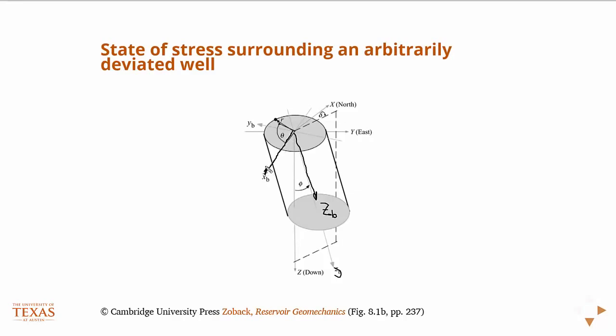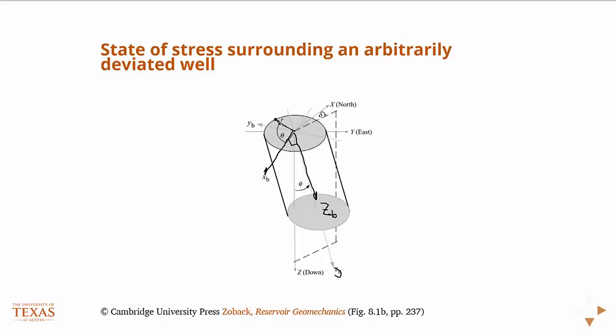XB is orthogonal to ZB and points in the direction of the bottom of the well, with the azimuth of the bottom of the well with respect to the geographic coordinate frame, north, okay?